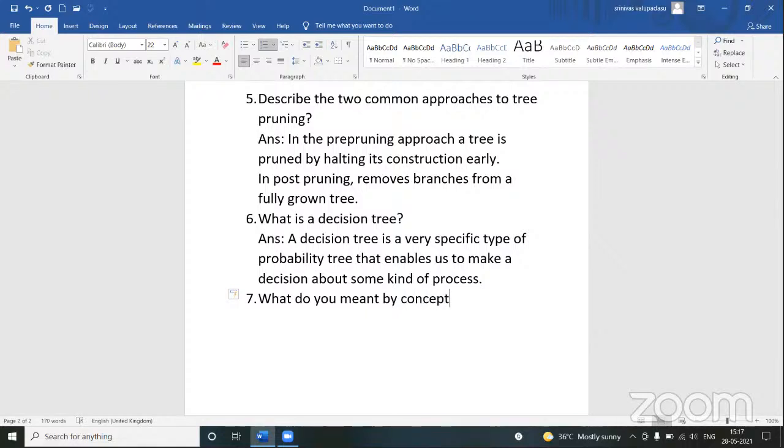Normally a concept hierarchy defines mappings from a set of low level concepts to high level concepts. So it gives some relation between these two, low level concepts and high level concepts. This is nothing but concept hierarchies.